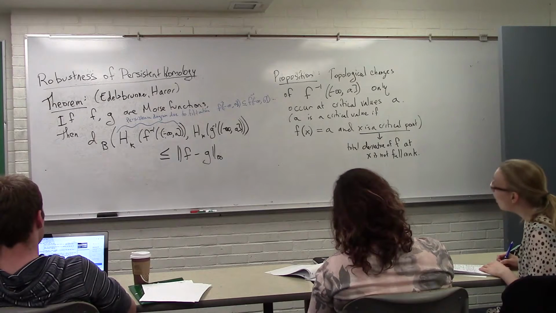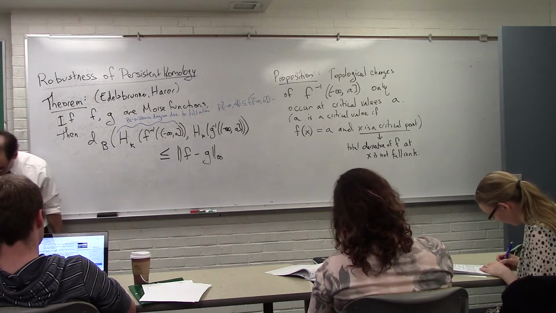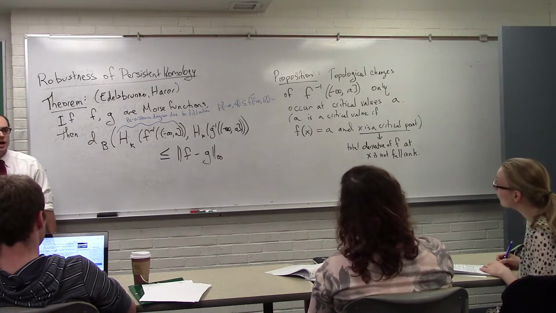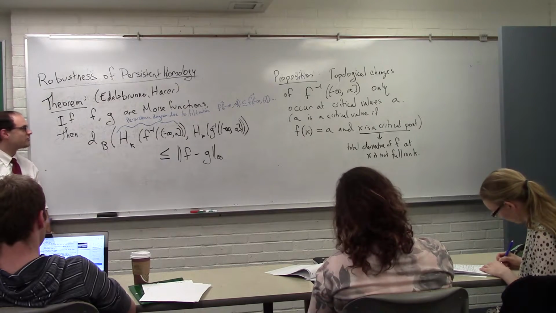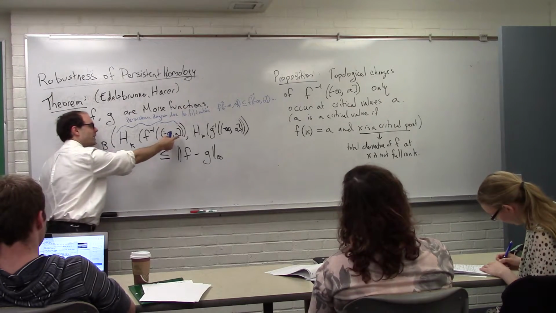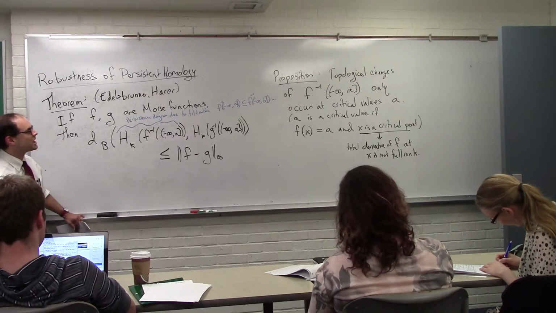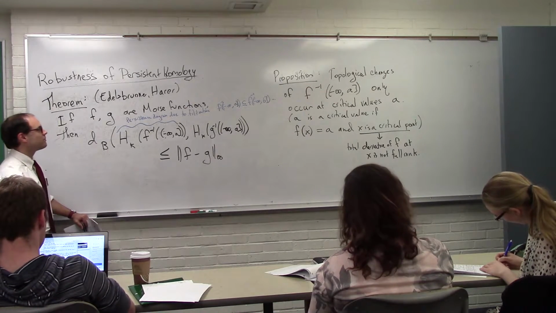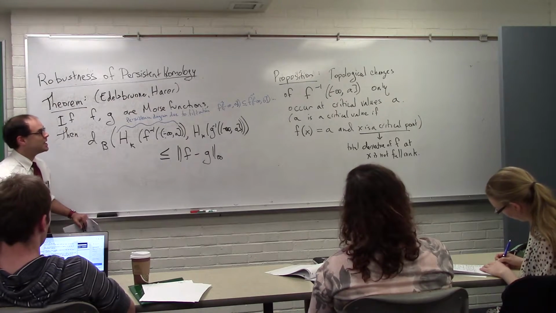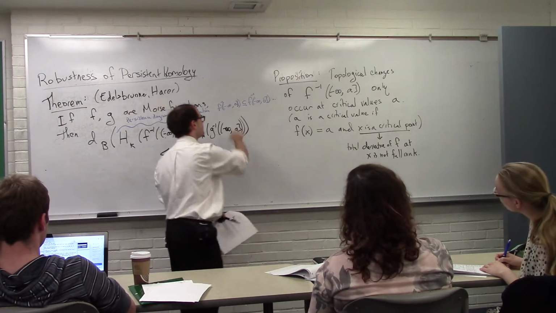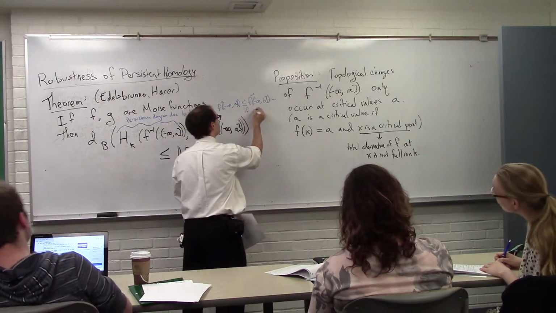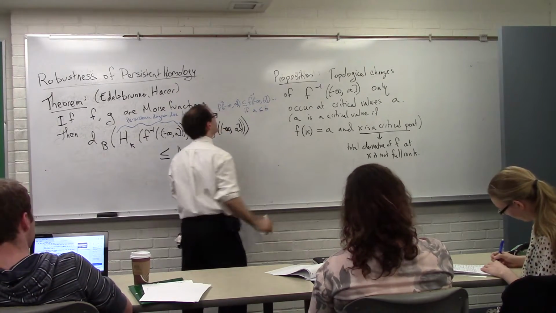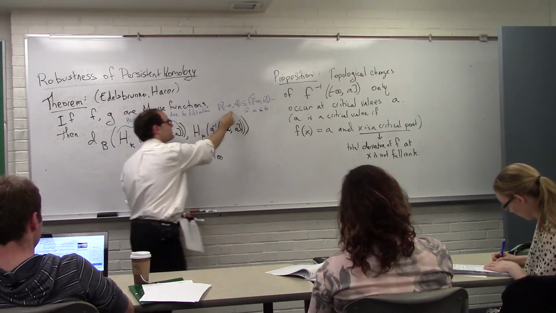So the obvious thing that's happening here is as I slide A from minus infinity on up, varying my A, I'm going to hit a bunch of these critical values, and each time the topology of that pre-image changes. But at every time, if A is less than B, then I will get this kind of inclusion.